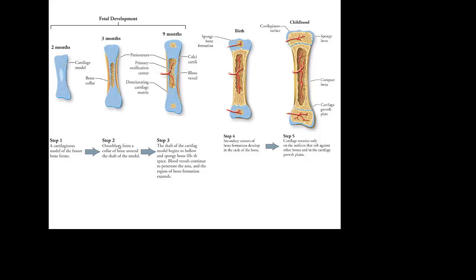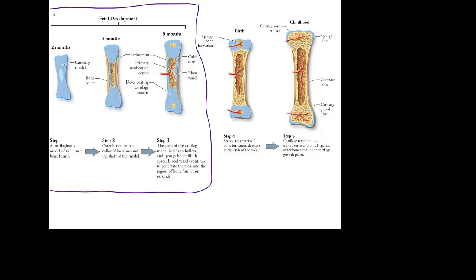When we look at you in development, the left-hand side of my screen here is actually before you're even born. So this is fetal development. The blue is cartilage. The cream color is bone tissue, or the osteocytes. So you see when you're born, your bones are very cartilaginous, meaning that they're almost sort of squishy.